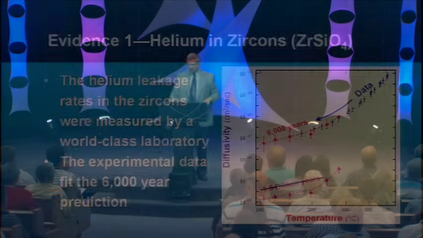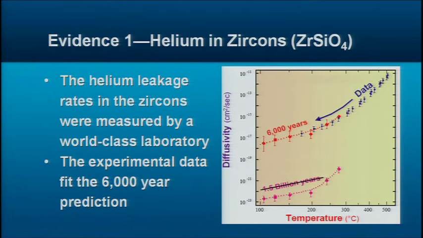Now, we published this prediction in the year 2000, and then we did the experiments. Now, we were laying our necks on the line because we could be proved wrong just like that. What happened when the results came in? Bingo. The data matched exactly, not even slightly off, exactly to the 6,000 year line.